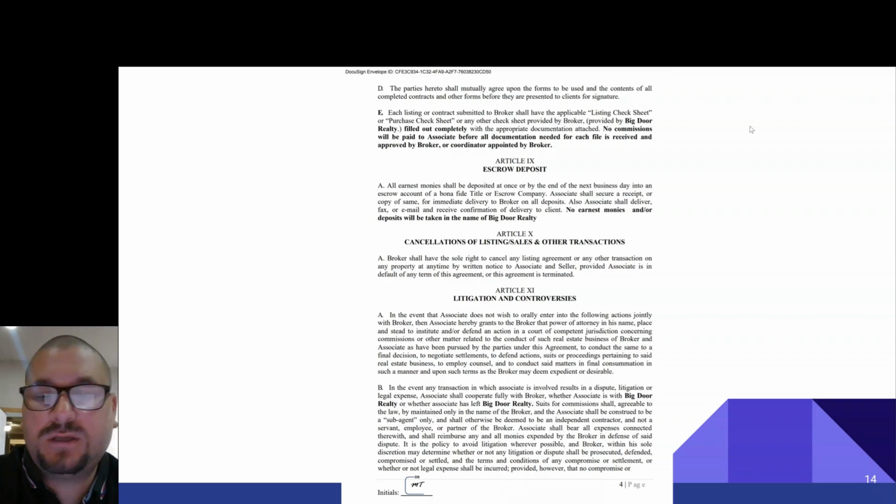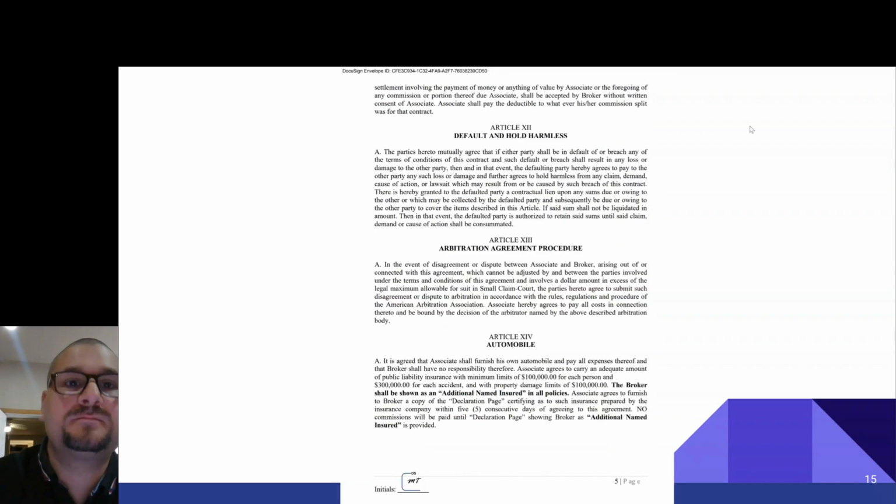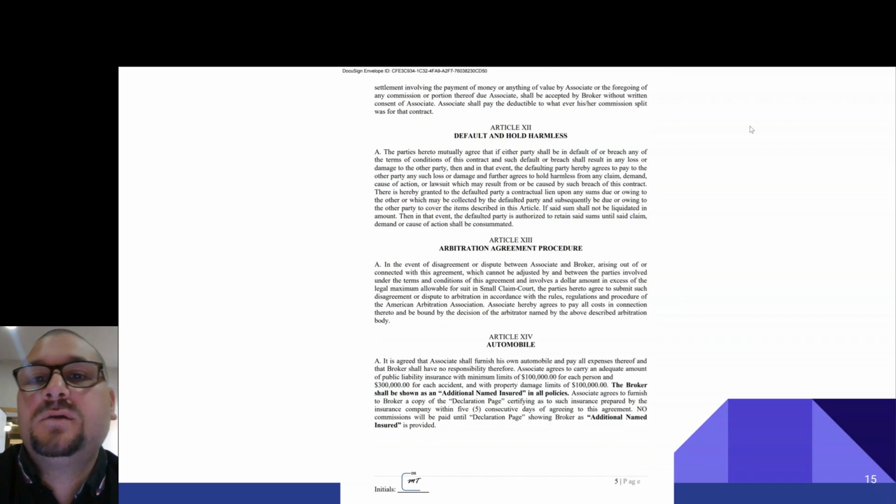So you want to avoid litigation if it's possible, and broker within his sole discretion may determine whether or not any litigation or dispute shall be prosecuted, defended, compromised, or settled, and the terms and conditions of any compromise or settlement, or whether or not legal expenses shall be incurred, provided, however, that no compromise or settlement involving the payment of money or anything of value by associate or the foregoing of any commission or portion thereof due associate shall be accepted by broker without written consent of associate.